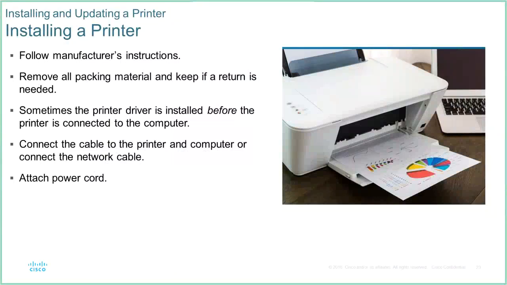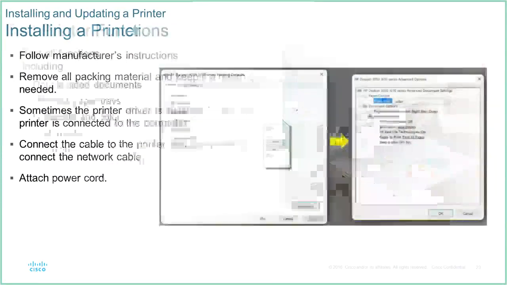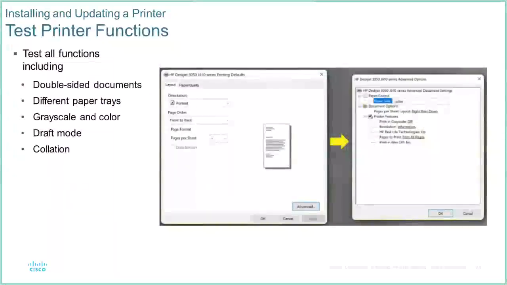Attach the power. You may need to install software drivers for the computer to recognize the printer. It's pretty much not an issue in today's environment with Windows 10, but with older printers and older operating systems, you definitely had specific printer drivers to be installed into your operating system for it to talk to your printer correctly.